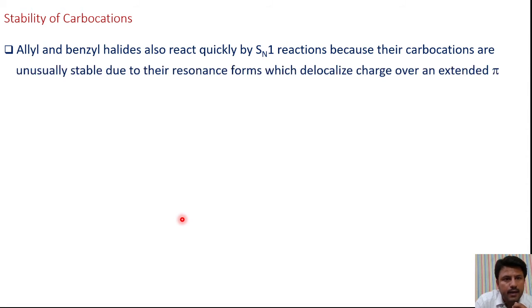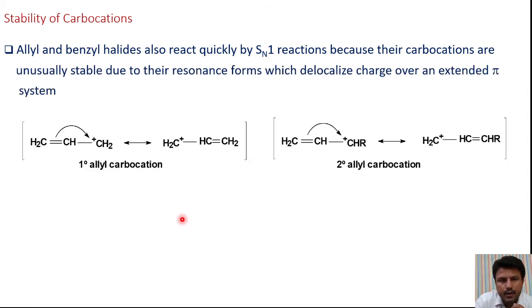When it comes to allyl and benzyl carbocations, resonance is present due to the mesomeric effect. Due to the mesomeric effect, these pi electrons will be shifted toward this carbon. So we get two resonating structures in the allyl carbocation case, and these carbocations are again stable.